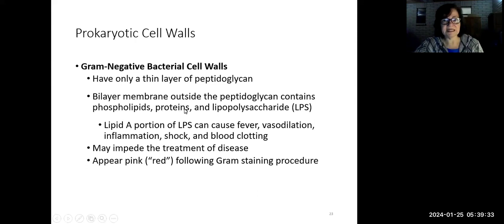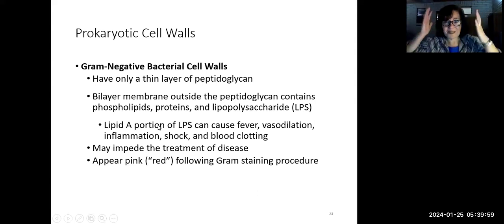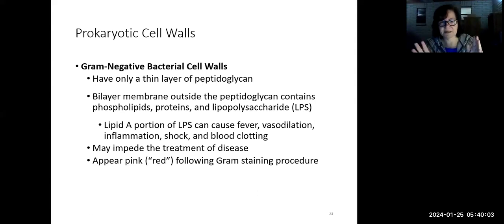There are proteins. And then there's some lipopolysaccharides, LPS. So lipo means lipid, and polysaccharide, remember what that is? Poly is many and saccharide is sugars. Why this matters is that in gram-negative bacteria, there's something called lipid A. It's a structural piece of gram-negative bacteria.